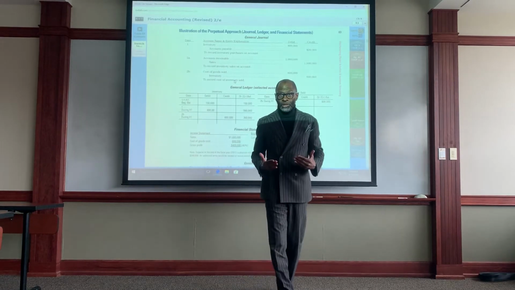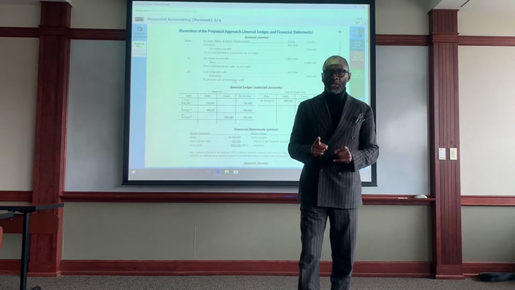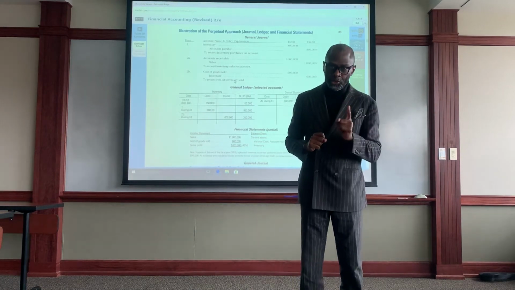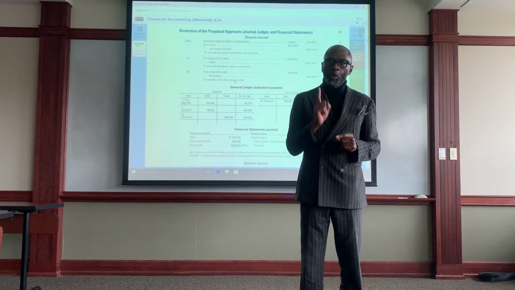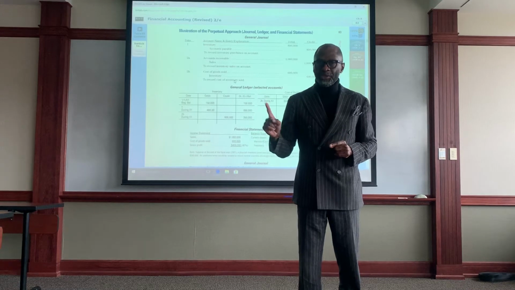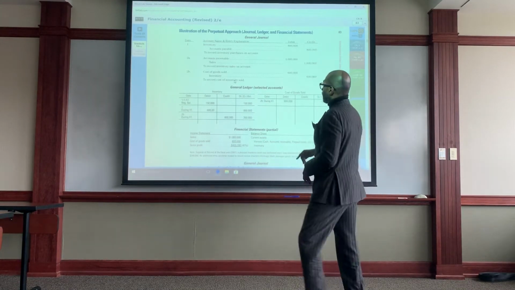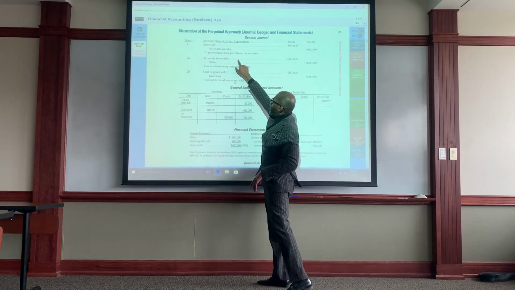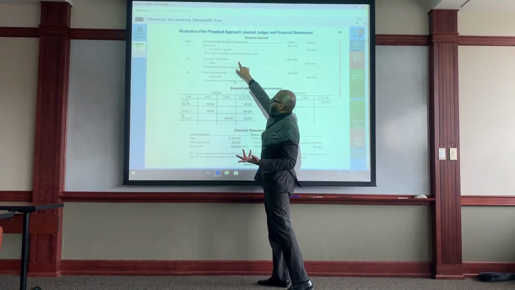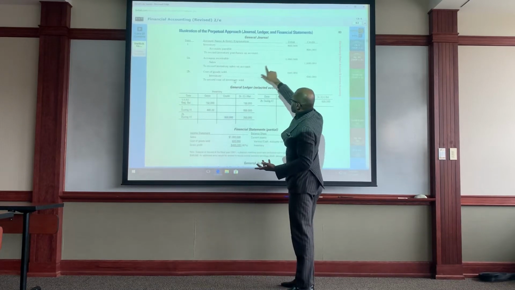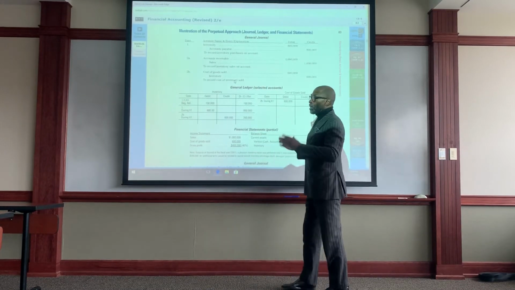I sell watches. I am selling a watch for $1,000 that cost me $100. So here, I would show the watch at $1,000, all right, assuming it was sold on credit. I would debit accounts receivable for $1,000, credit sales for $1,000.